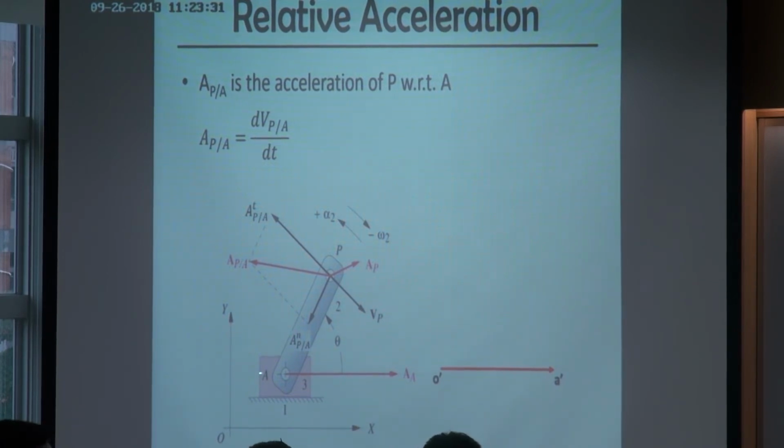Suppose we already know A_A, the slider has a certain acceleration, so just draw it here. And suppose we also know the relative acceleration A_P/A. Then we just draw the relative acceleration starting from this point A.